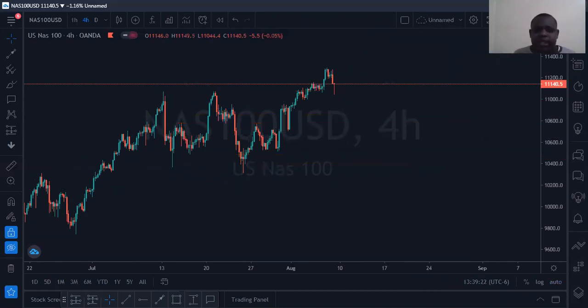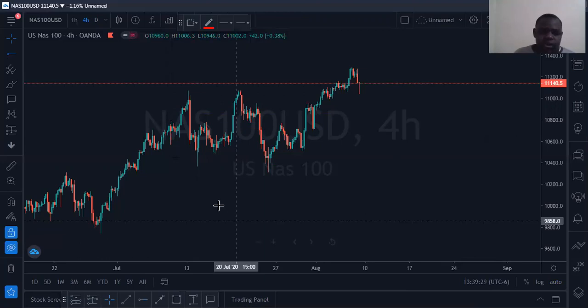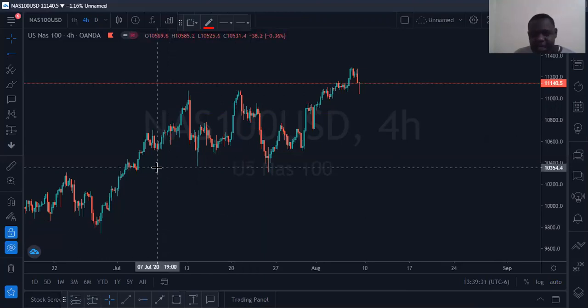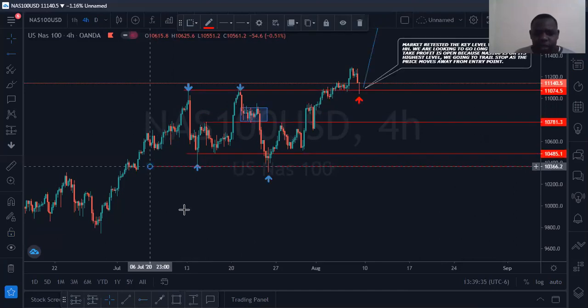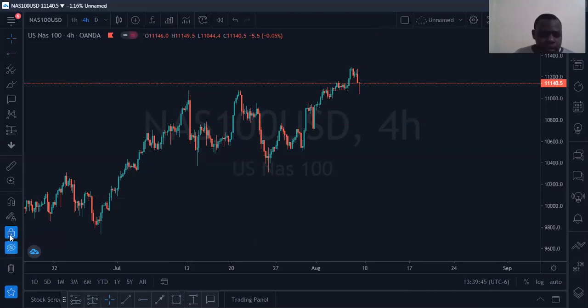So as you can see, this is the NASDAQ chart, guys. We're going to focus on the main points here. We see a key point here, a very strong key point. Oh no, what can I do here? Let me log my pattern.